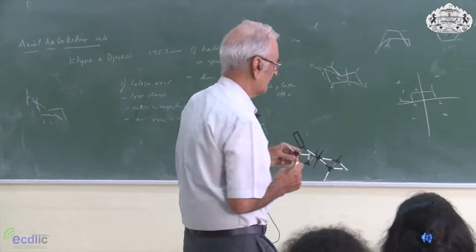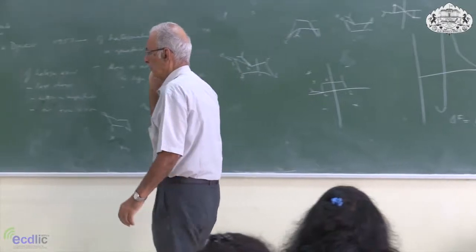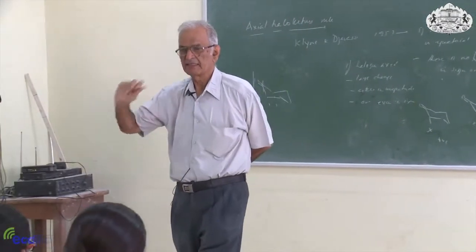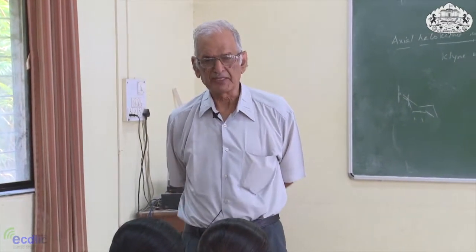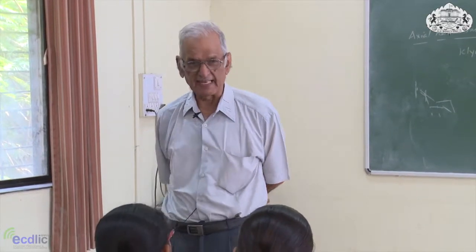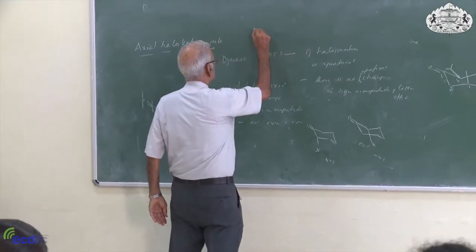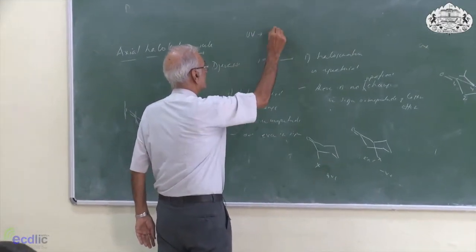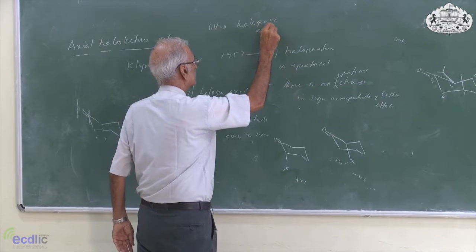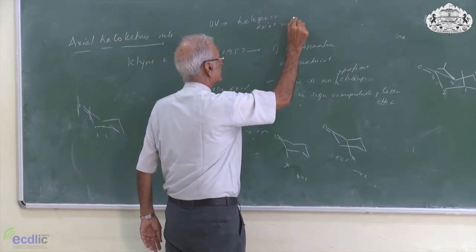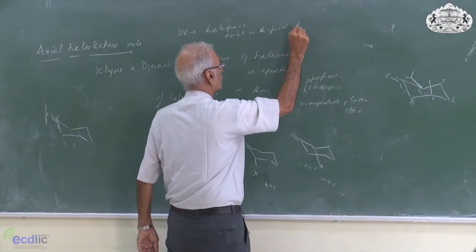All right. So, what are the ways chemists could find out whether halogen is axial or equatorial before the axial haloketone rule? One is UV. UV says that when halogen is axial, in a ketone, in alpha position to the ketone, there is a bathochromic shift.